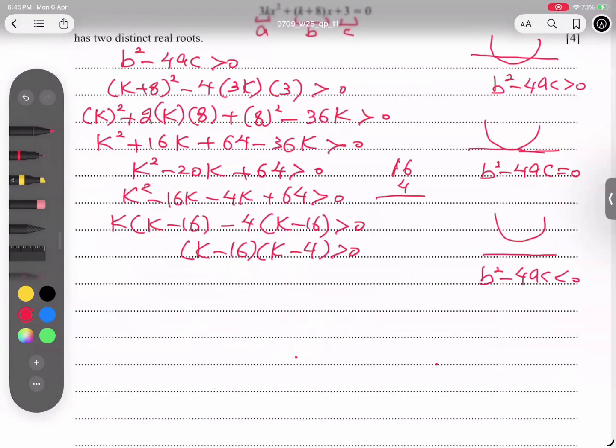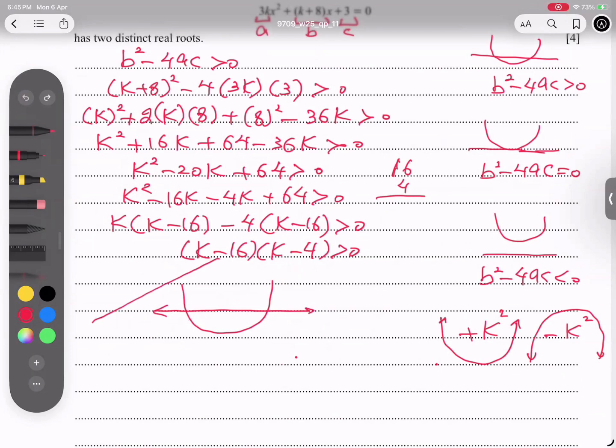Do you know if k squared is positive it will look like this? When k squared is negative it will look like this. Now I will make this bell shape or parabolic curve. One time this equal to 0, one time this equal to 0. When I put this equal to 0, I got 16 and 4. So 16 is bigger and 4 is smaller.